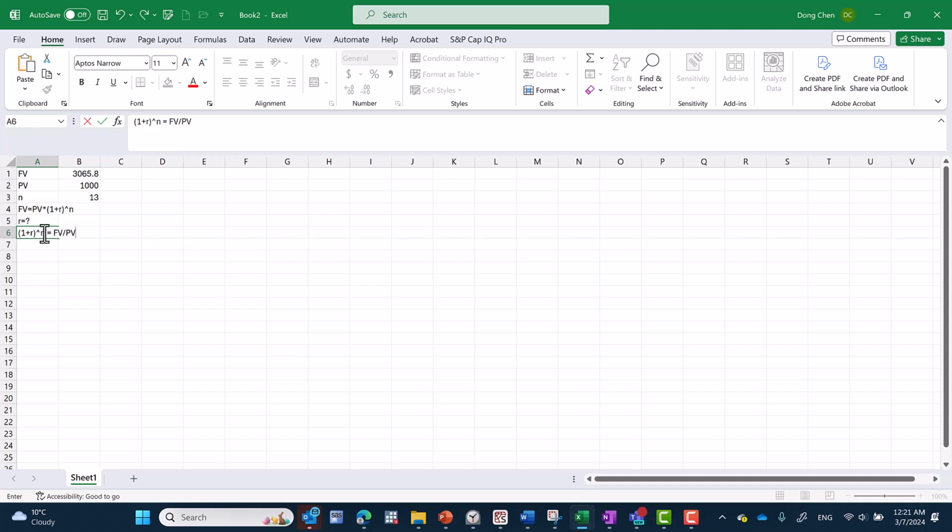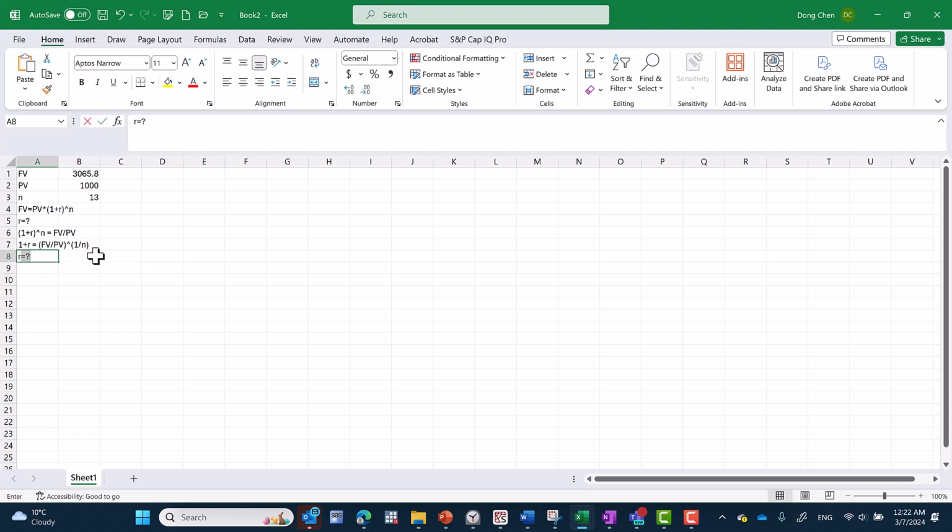Now if we raise both sides to the power of 1 over n, n times 1 over n becomes 1. So 1 plus R raised to the power of 1 simply equals 1 plus R, and that equals future value divided by present value, and this entire thing raised to the power of 1 over n, because both sides need the same operation in order to balance the equation.